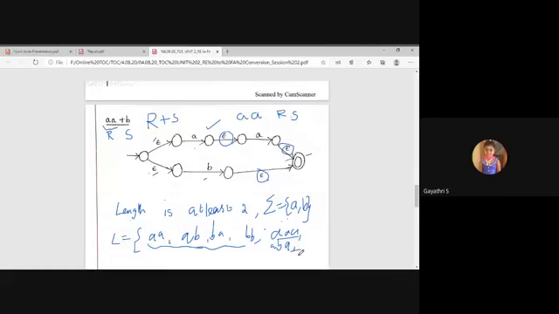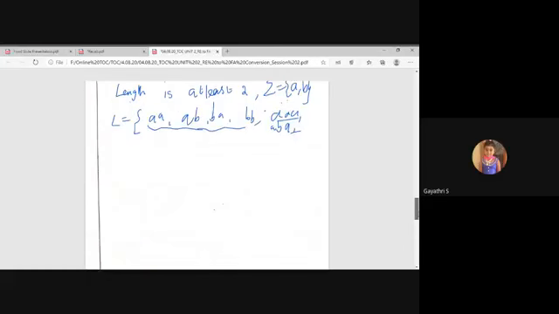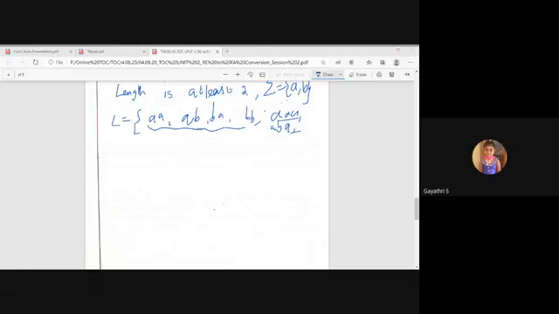I already taught you the regular expression for exactly 2, which is (a+b)(a+b). Based on this, post your answer for the regular expression for this language. Length at least 2 means length 2 accepted, 3 accepted, 4 accepted.